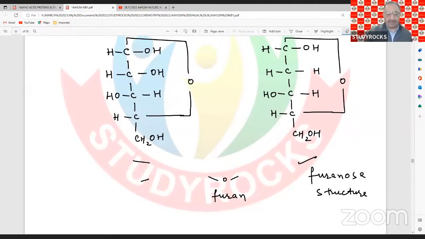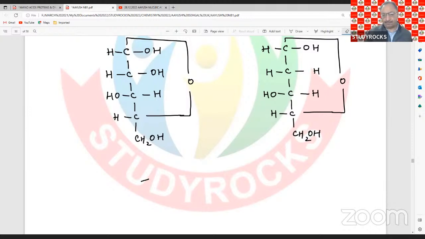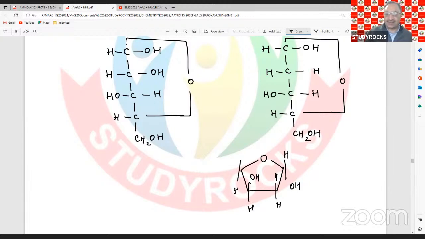I'm rubbing a little bit of the molecules here so as to create some space. It is HOH, HH, OHH, and in the last it is H, and CH2OH.